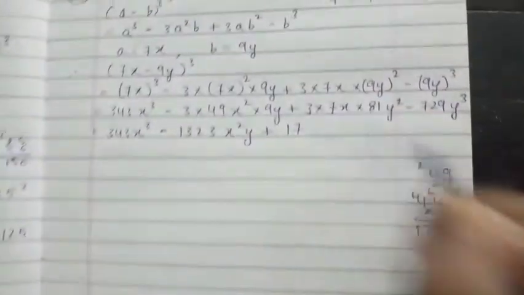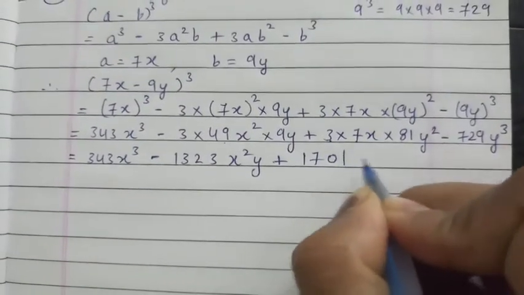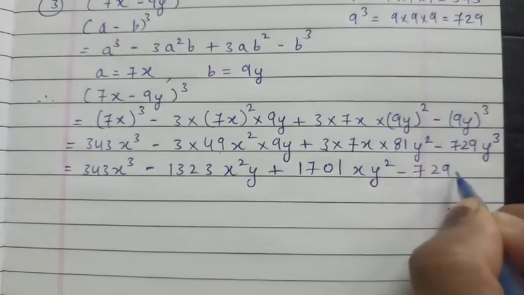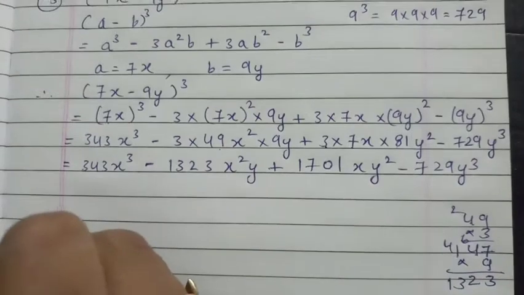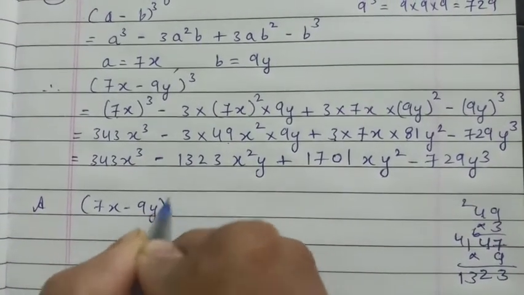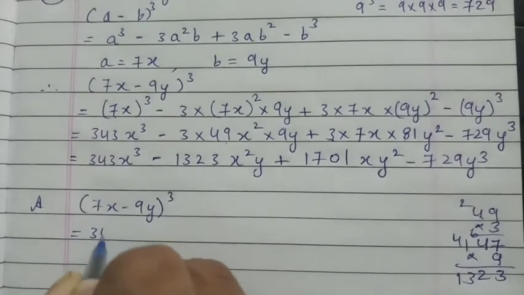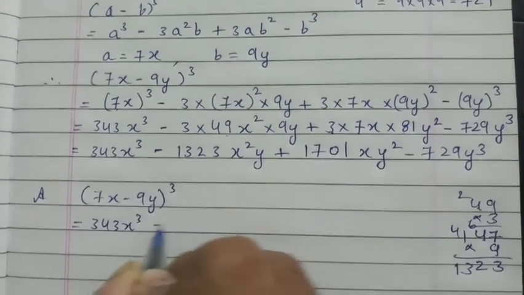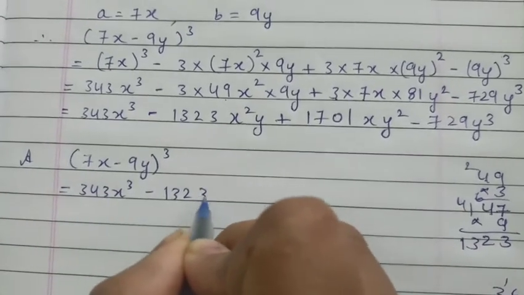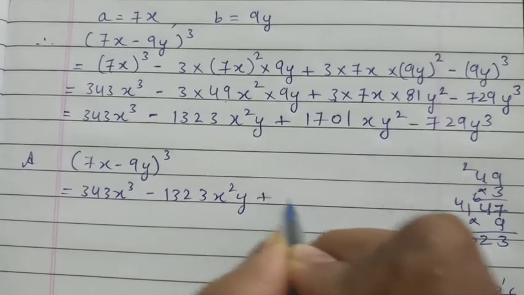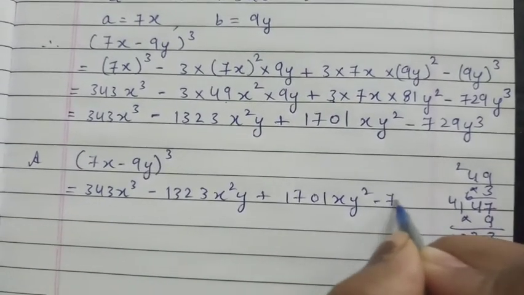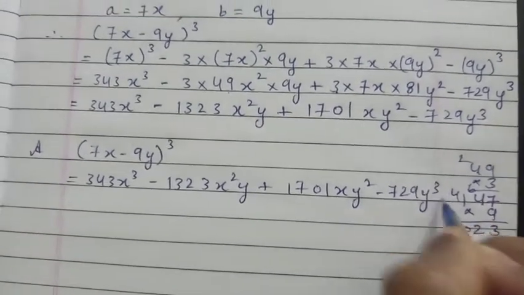So 1701 x y square minus 729 y cube. So our answer is (7x minus 9y) whole cube is equal to 343 x cube minus 1323 x square y plus 1701 x y square minus 729 y cube.